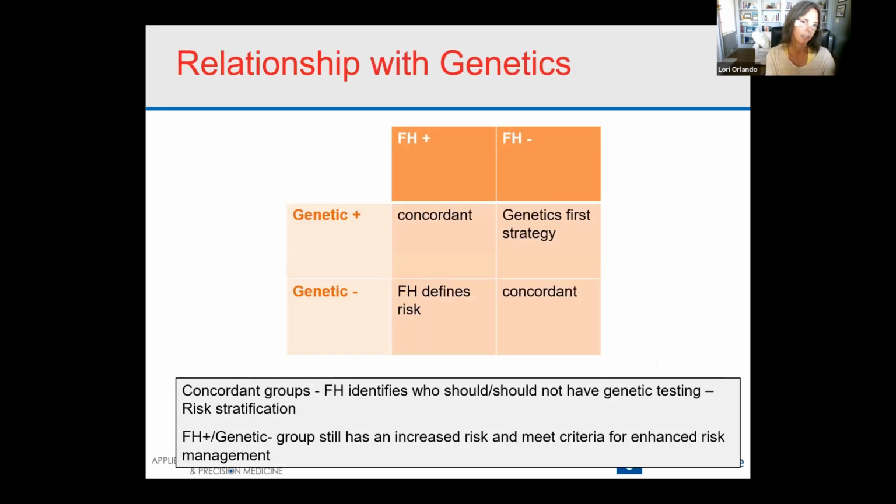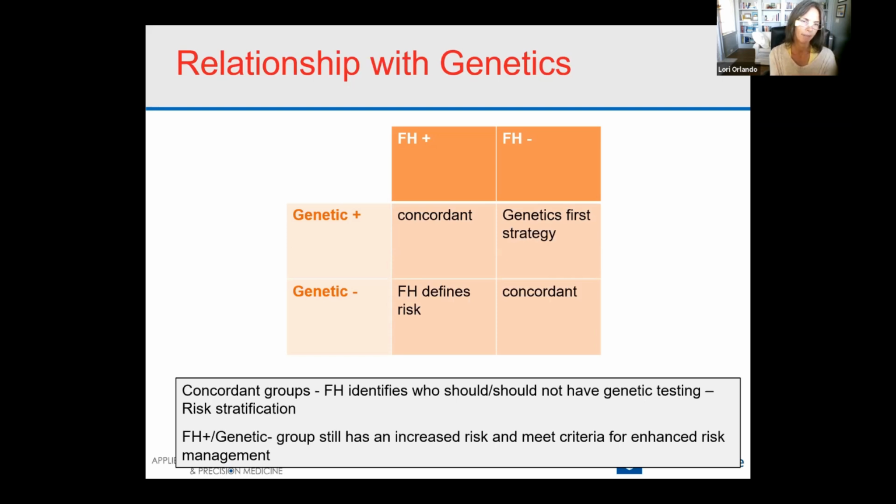So I'm going to talk here a little bit about the relationship of family history to the genetics. If you want to think about this as a 2x2 table, you have a family history that suggests you're at increased risk for some type of disease, or you don't. And you could have a genetic test where the results of that test suggest that you're at increased risk for a certain condition or not.